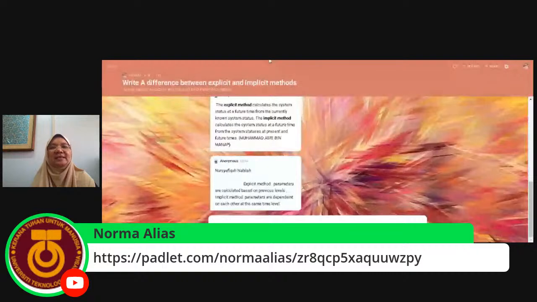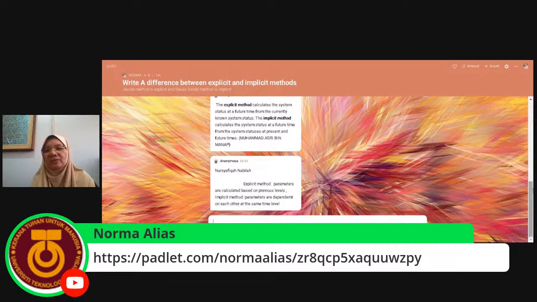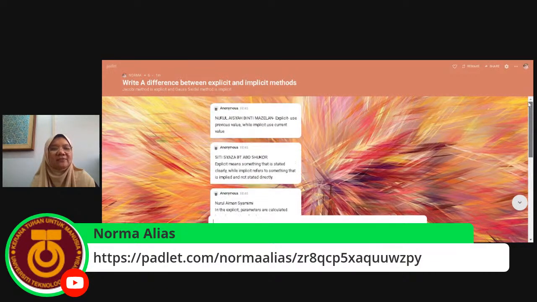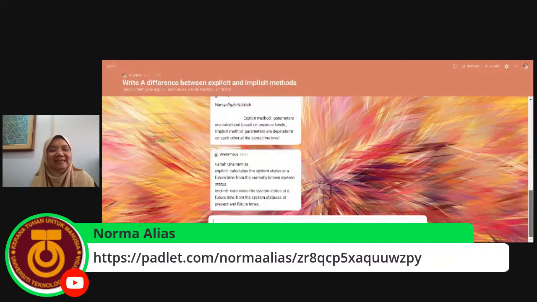The first one is Farah, who said that implicit calculates the system status at the future time from the current system. Implicit calculates the system status at the future time from the present or the future times. Very difficult to understand, but I understand what Farah said.